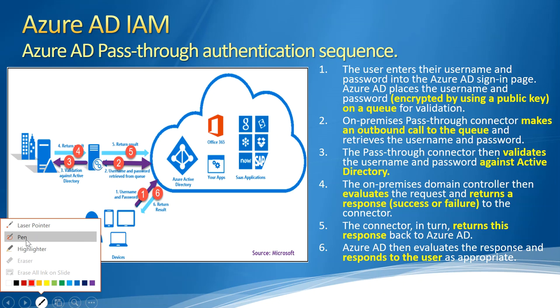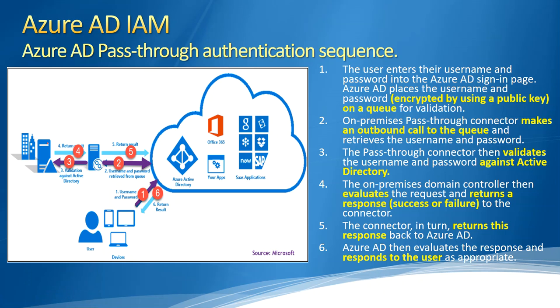What you see over here on the left side is your on-prem, where we have our domain controller. So your end user identity is basically sitting at the domain controller level here.